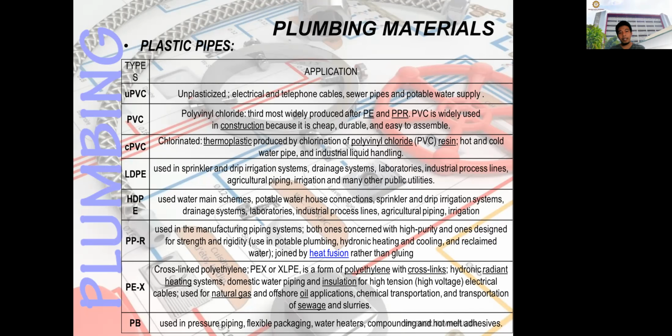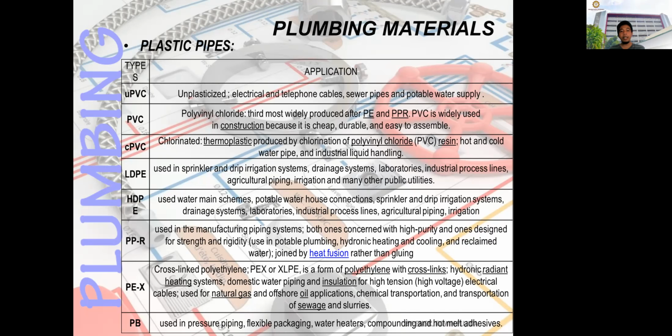And then LDPE, that is polyethylene. I think LD is resistant, I think. So that is used for sprinkler and irrigation system. And also HDPE. An example of that is the black plastic pipes that are used in rural areas.